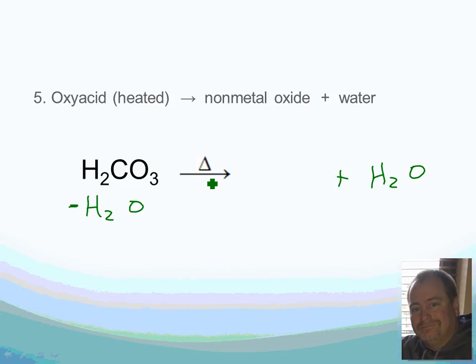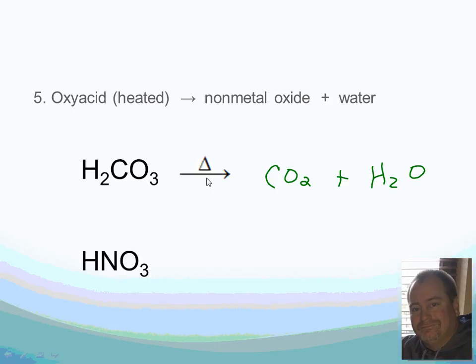What's my non-metal oxide going to be? Well, CO2, right? Now, I'm going to get that out of there because we don't need that in there. That's just the mental thought I was thinking. Okay? Is that balanced? Yes. Sure is.